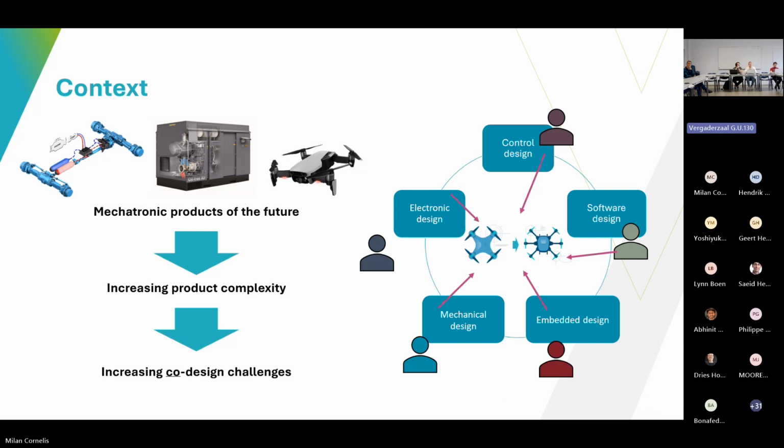If we look at the tendencies of new Mechatronic products that we develop, we can see that these become more and more complex because we want them to perform more and more functionalities. Think, for example, about your car.